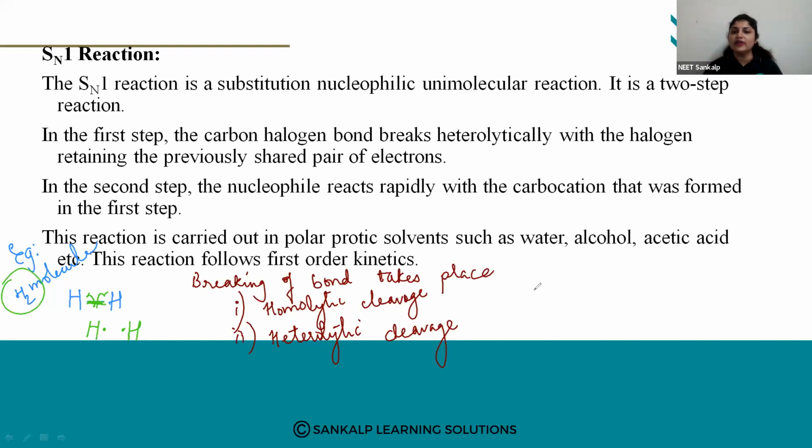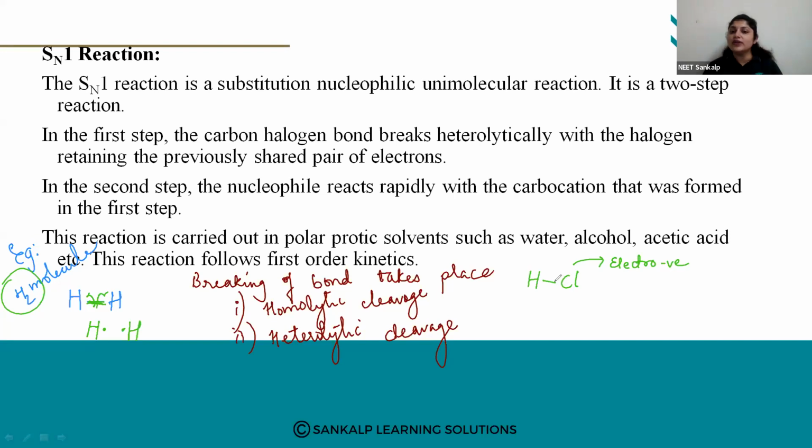Now heterolytic cleavage always occurs in a polar molecule. For example, HCl. Cl is a halogen, a halide, and if you compare the polarity, it is highly electronegative in nature.